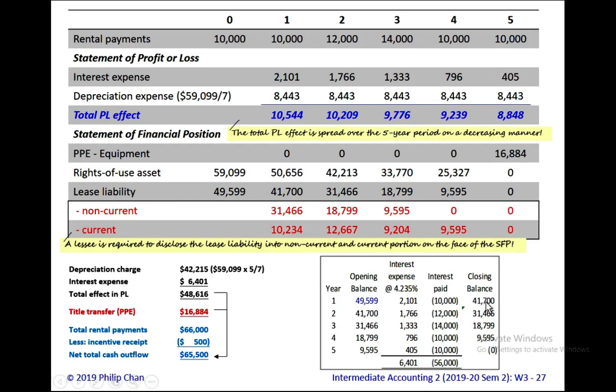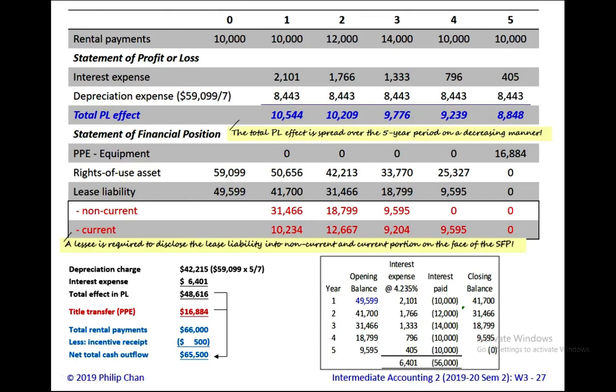Taking this number 41,700, it is the balance of the liability for year 2 to year 5. The year 2 balance would be the balance of your liability for year 3 to 5 onwards altogether. If you subtract the two, that is equivalent to 10,234. That means out of the 41,700, that part will be settled within the next 12 months, and the balance represents the non-current part.